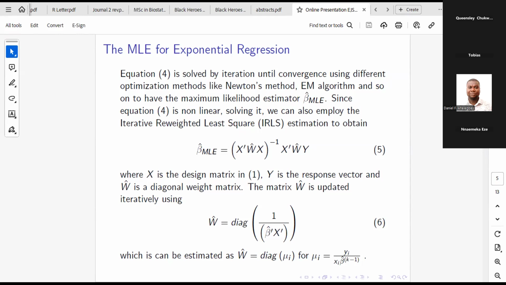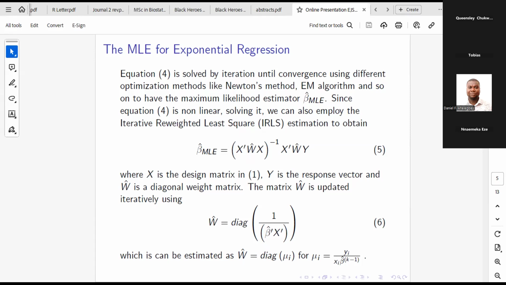Because this is what will give us a chance of shrinking this estimator in order to come up with another estimator, which is a shrinkage estimator, which we call the exponential gemstone estimator.